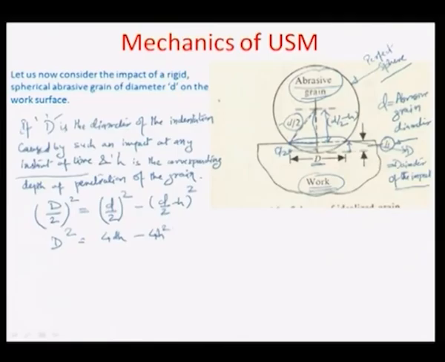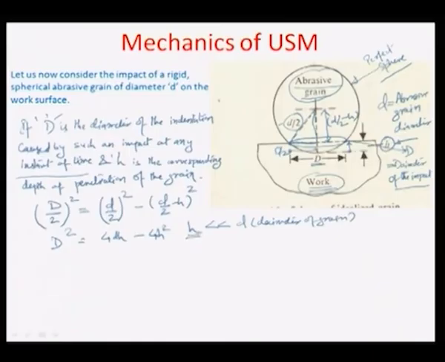Typically, we assume in the USM process that the grain penetration depth h is very, very small in comparison to the diameter of the grain d. Grain diameters can be typically about 20 to 25 microns, and in a USM process h could vary anywhere between 1 and 5 microns.